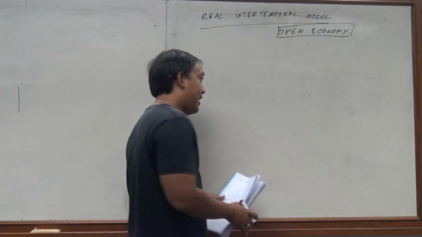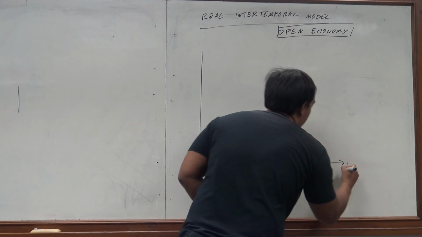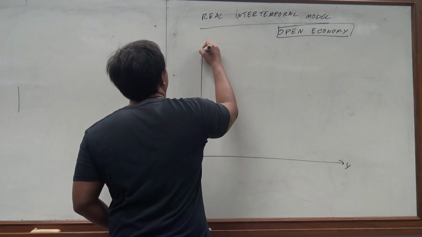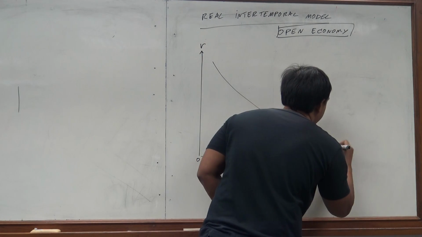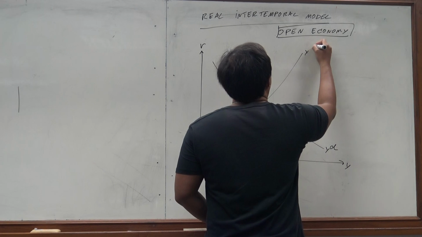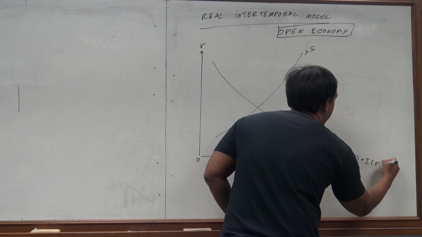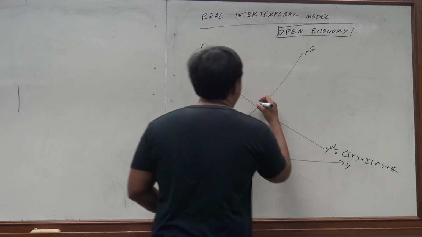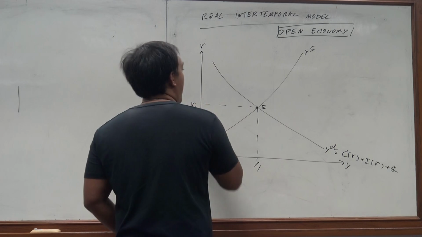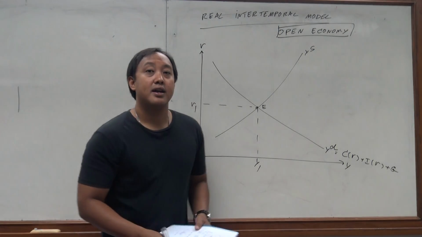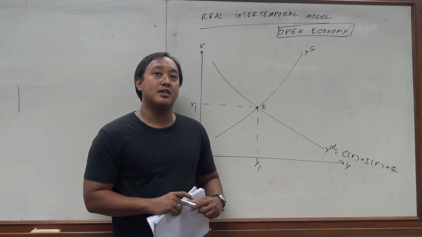So let's see. This is what you learned before. This is Y, this is R, the real interest rate. Then you have YD and you have YS. YD comes from C plus I plus G. You have equilibrium point Y1, R1. Don't forget the basics of the theory that we learned before.